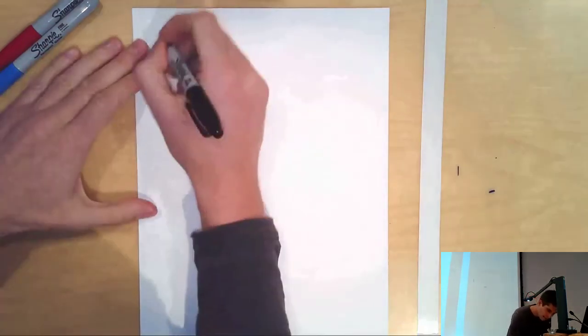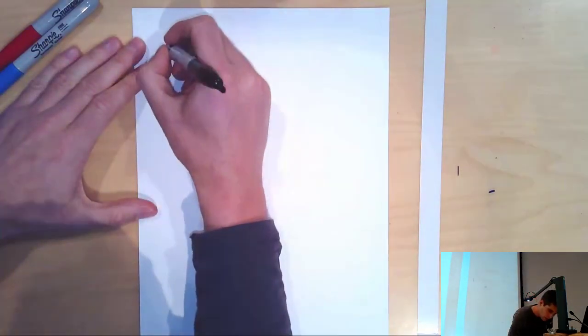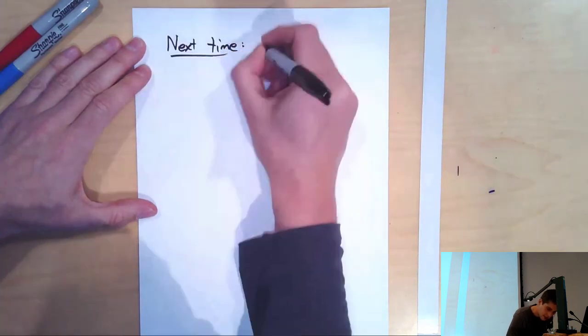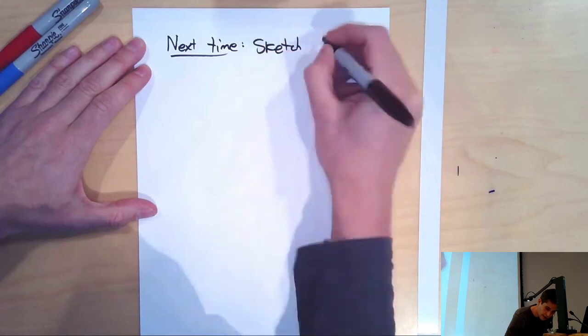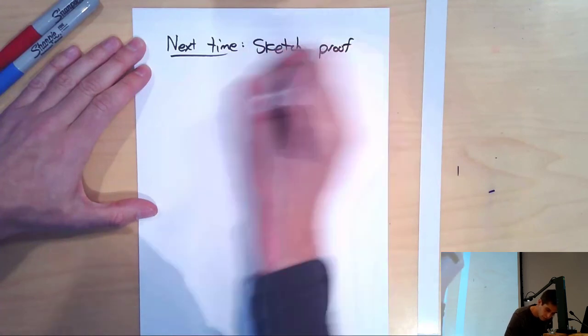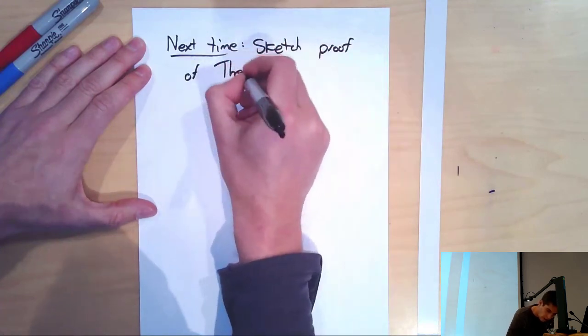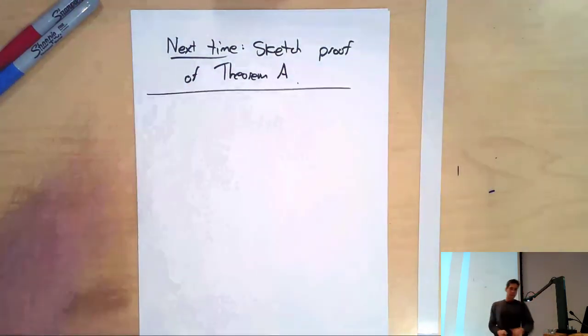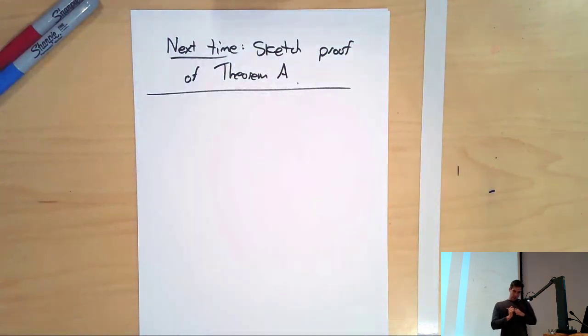All right, how long do I have left? 4 minutes. Okay, so why don't I say, next time I'm going to sketch some ideas that go into the proof of theorem A. There's a theorem that goes into this conclusion, but there's also a definition that goes into this conclusion.